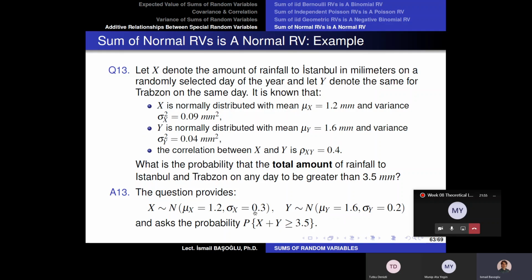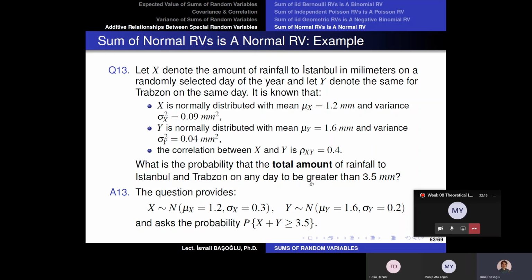How do we understand the scale parameters are equal to these values? Now, be careful, the question gives me the variances, not the scale parameters or standard deviations. So you need to take the square root of the variances here to calculate the scale parameters as 0.3 and 0.2.